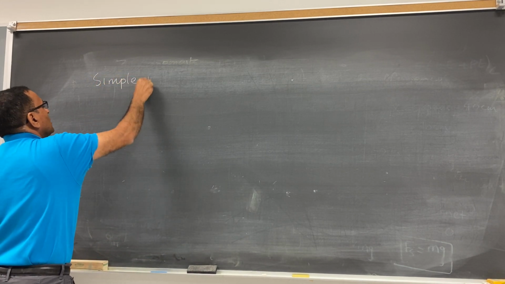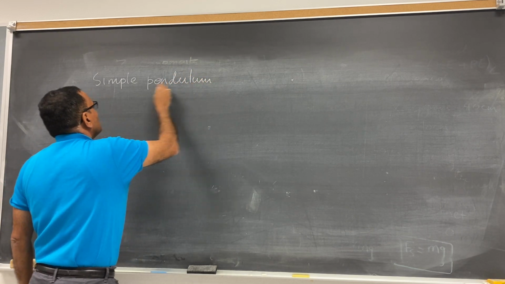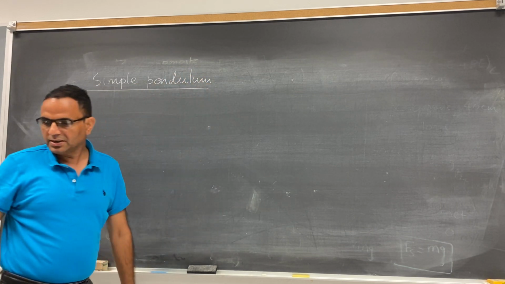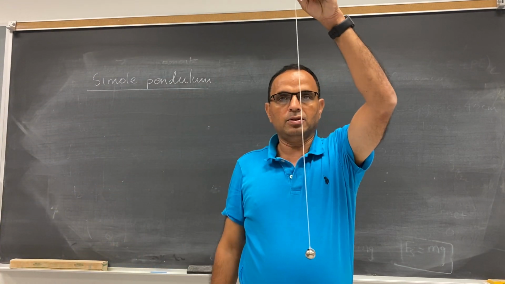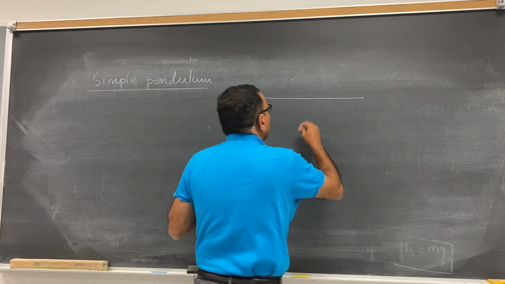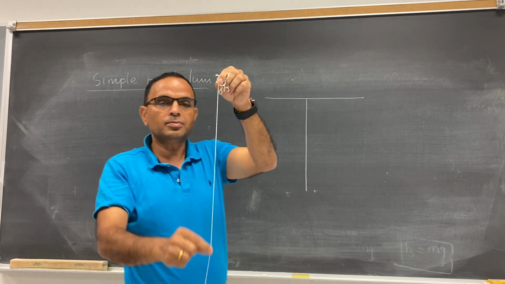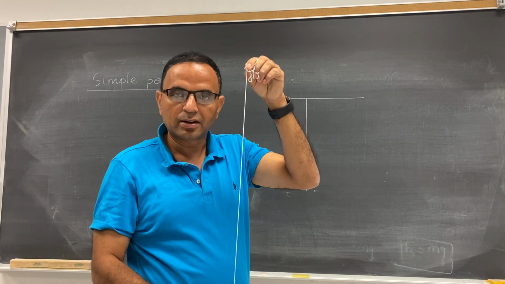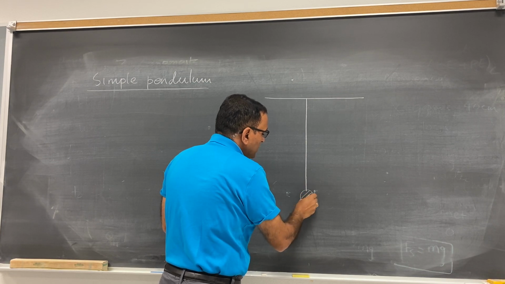Simple pendulum. So what is a simple pendulum? This is your simple pendulum. This is a thread, but we ignore the mass of the thread. And you have a ball here.